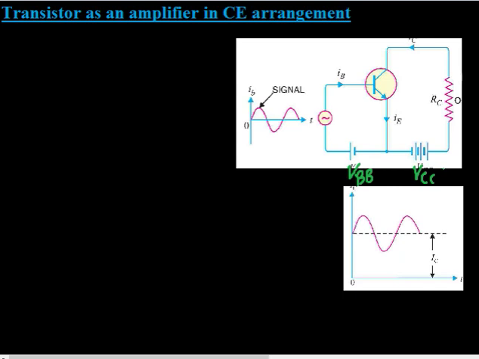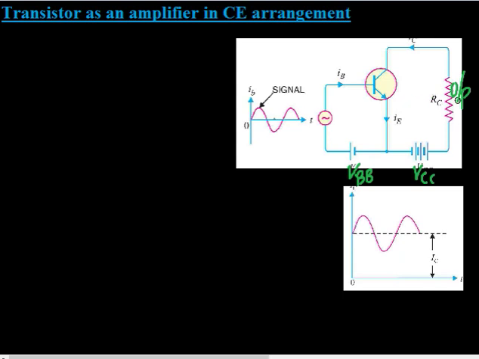The input is applied in the base, and we are considering the input in the form of a sinusoidal function. The input is represented here, and the output is taken across the collector resistance RC connected in the output circuit.